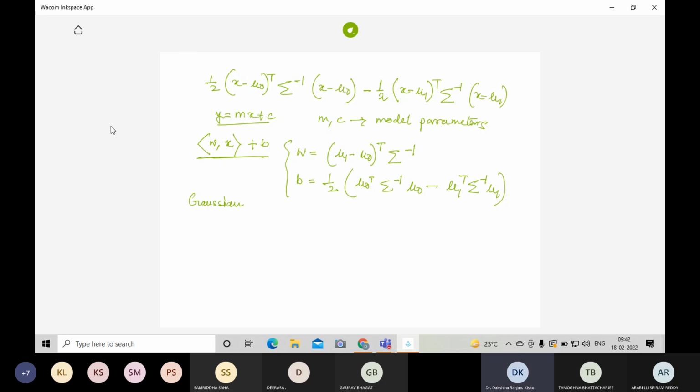As I said earlier, the class boundaries are nothing but piecewise linear functions. The surface we get between any two class densities is a piecewise linear function.